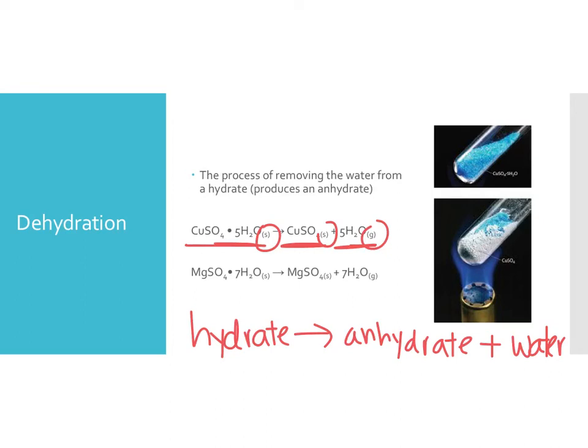So our hydrate, our copper sulfate pentahydrate, was a solid to begin with. When we formed the anhydrate, that anhydrate was still a solid, and the water became a gas. So this is the dehydration reaction that we are looking for, what you did in lab.